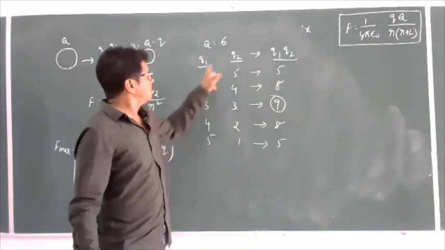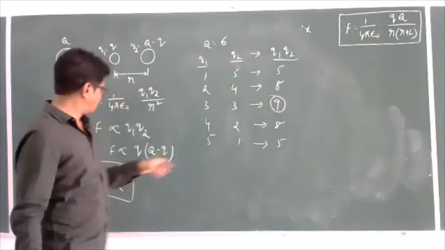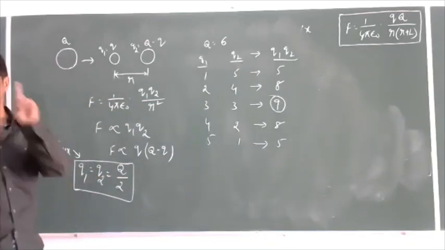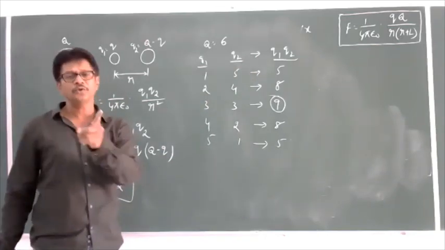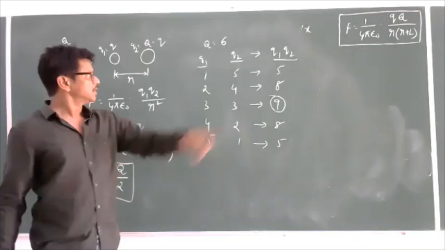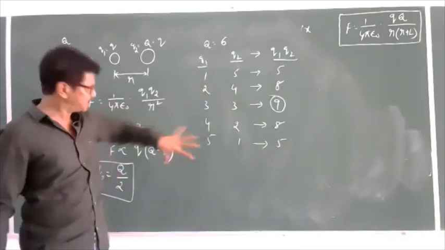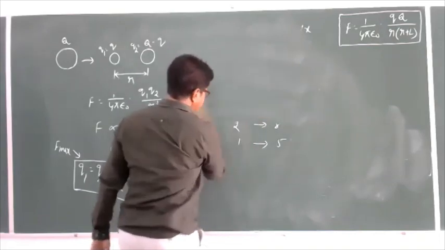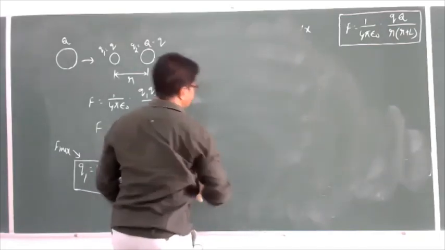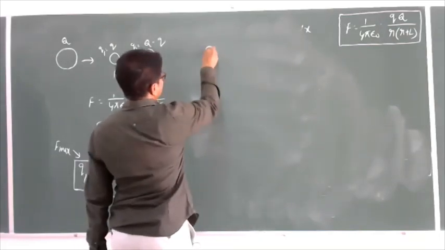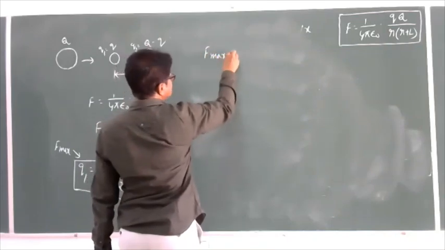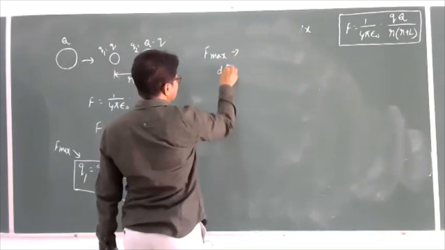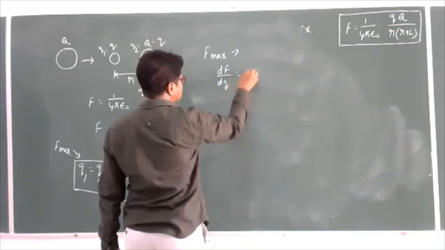For example, if Q1 is equal to 1, Q2 will be Q minus 1, then only it will experience the minimum force. This is the general procedure. But scientifically, the condition for the maximum force is dF by dq is equal to 0.